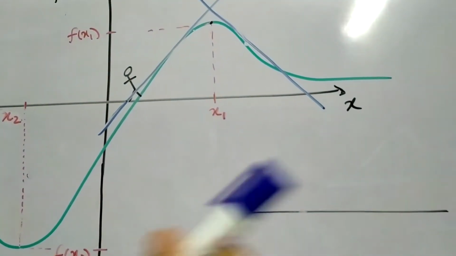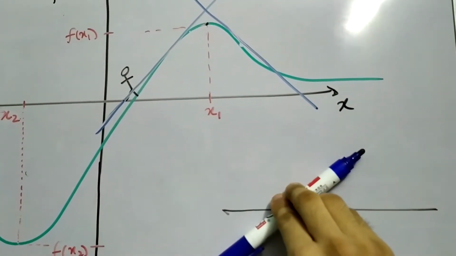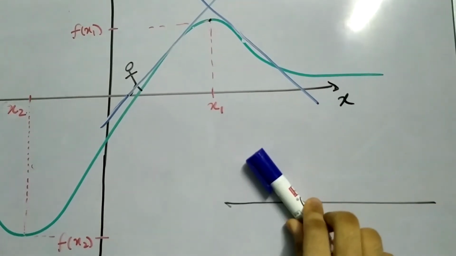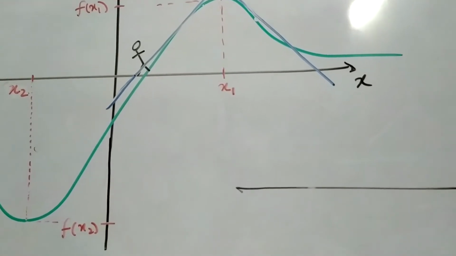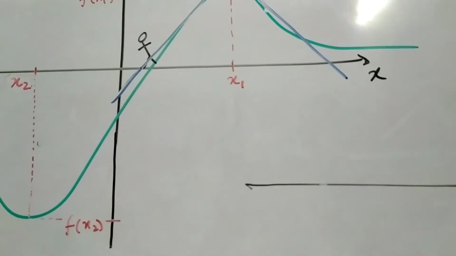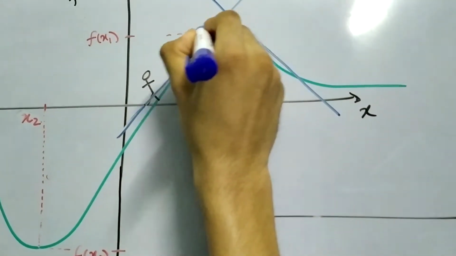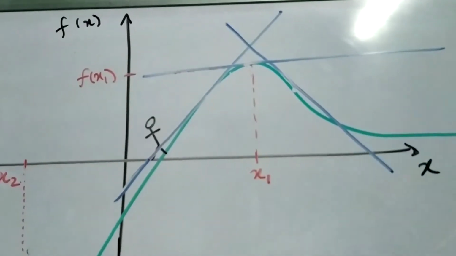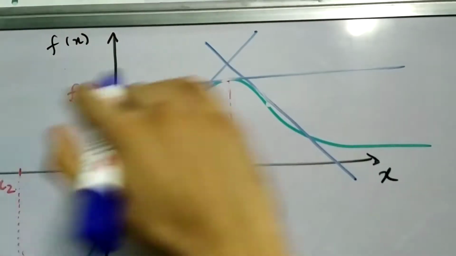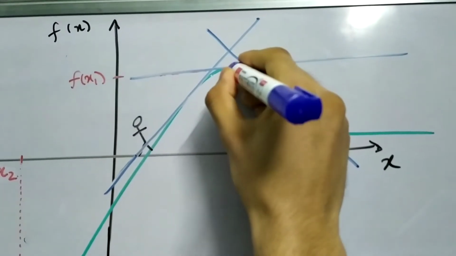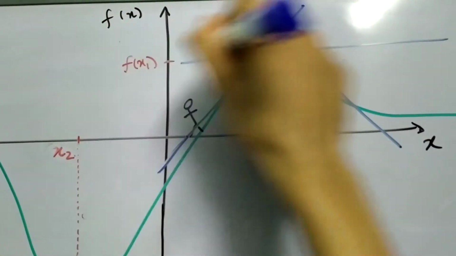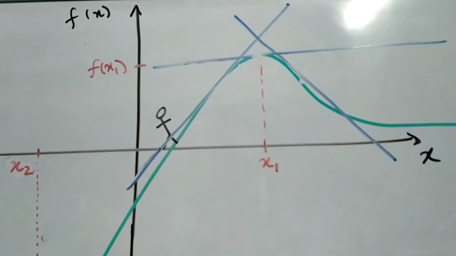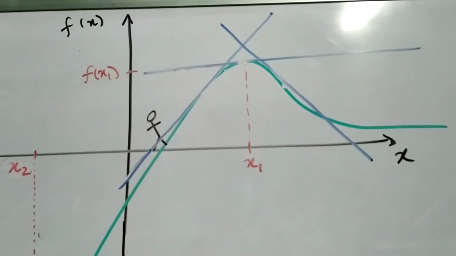The main part is it is positive before x1 and negative after x1. What is the slope right at x1? Well, obviously, intuitively 0, right? And even if you draw a tangent right at this point, x1 comma f of x1, you will see this is a line parallel to your x-axis, which means the slope is 0.